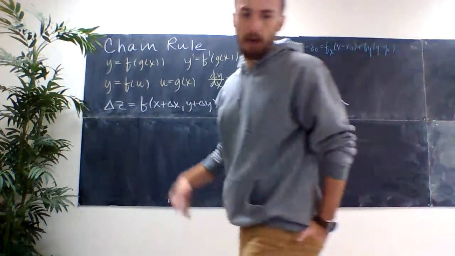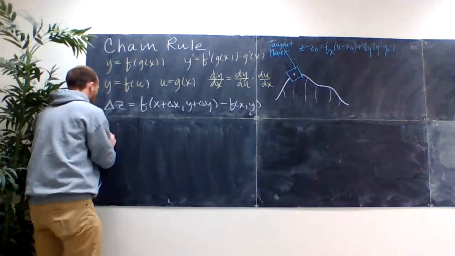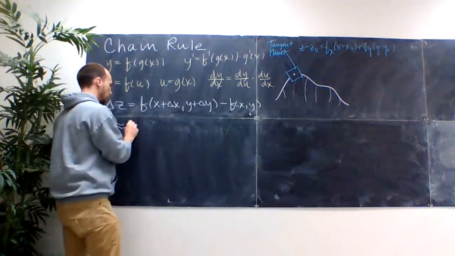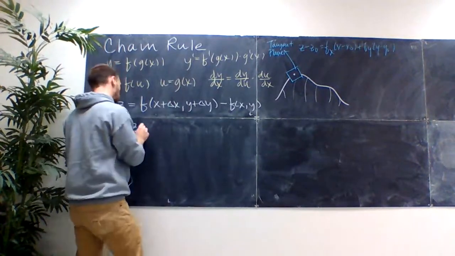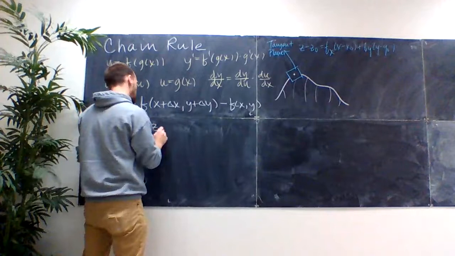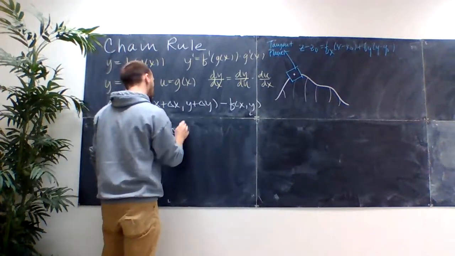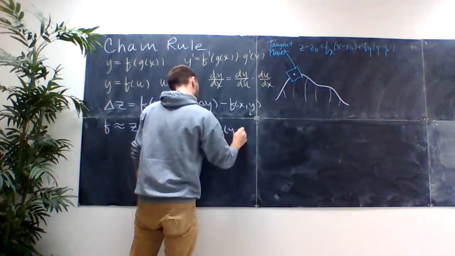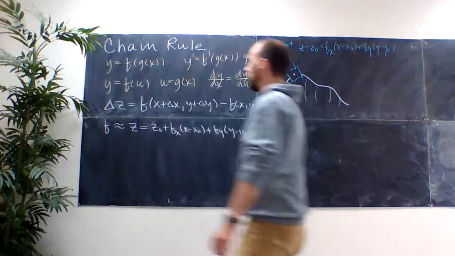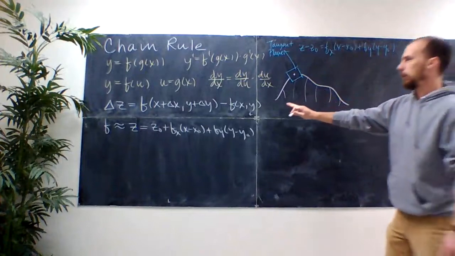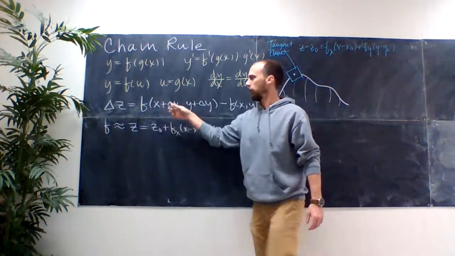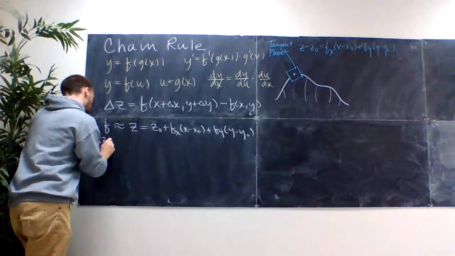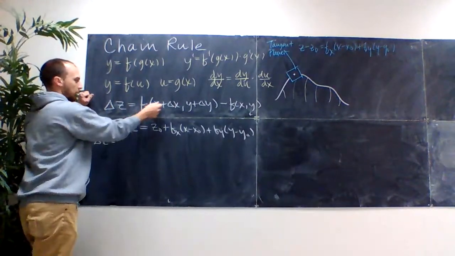So f is approximately equal to z in that sense, which is equal to z0 plus fx times (x minus x0) plus fy times (y minus y0). So the change in z being f of (x plus delta x, y plus delta y) minus f of (x, y), I should probably just jump in and do some algebra here. Delta z is going to be f of x plus delta x.